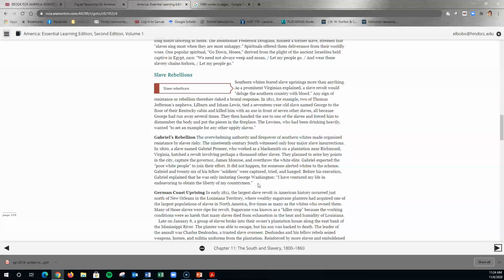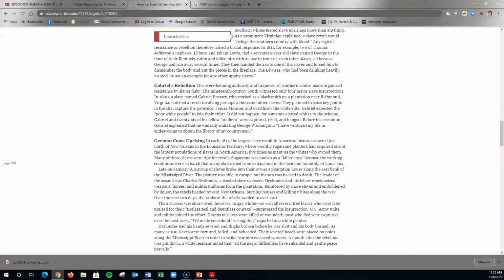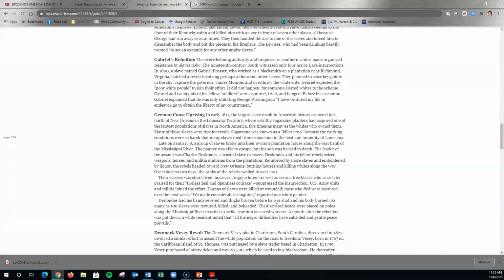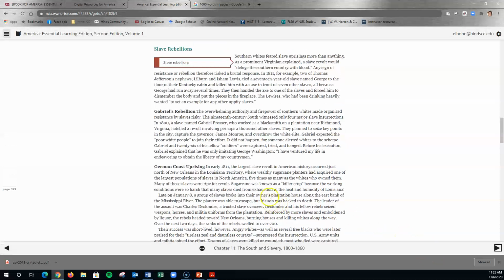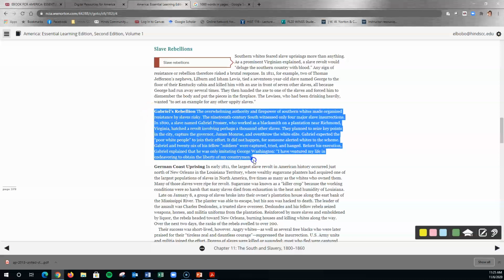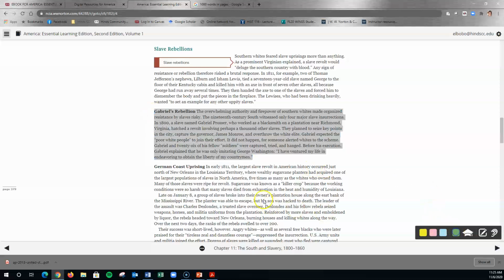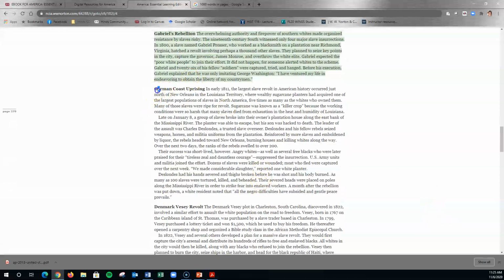Slave rebellions did happen sometimes, and they were terrifying to slave owners. The book goes through several of these. You have Gabriel's Rebellion, and the German Coast Uprising.